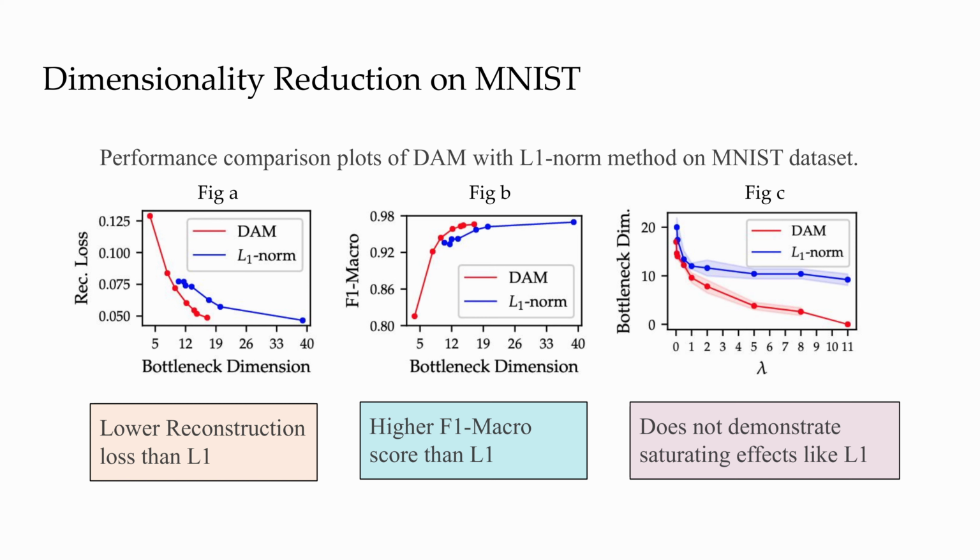Figures A and B show that DAM is able to achieve lower reconstruction error, as well as higher F1 scores over the same bottleneck dimensions than the L1-based method. In Figure C, we can see that the L1-based method has a saturating effect at larger lambda values, since the weights come close to zero but require some thresholding to be pruned. In contrast, DAM shows a linear descending trend of the bottleneck dimensions as lambda increases.